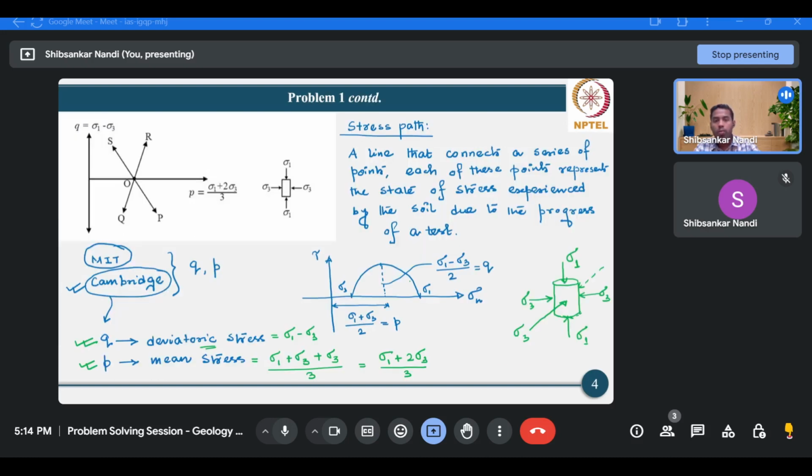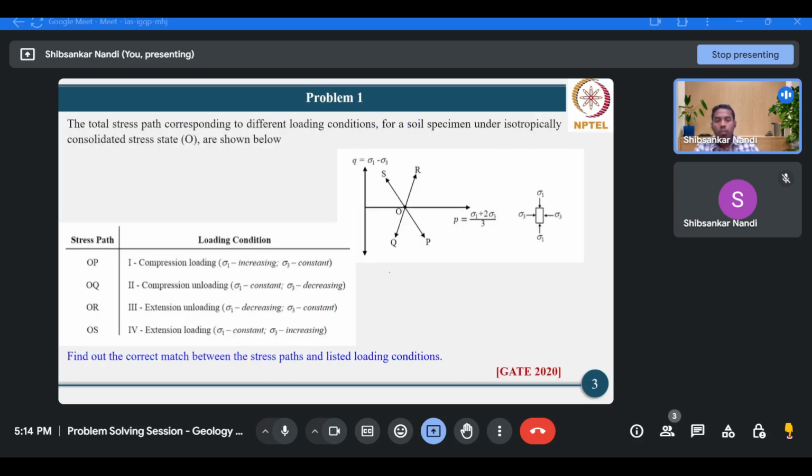Now what is isotropic consolidation? Isotropic consolidation means consolidation under the same all-round pressure, so your sigma 1, sigma 2 and sigma 3 are all equal. Your P would simply be sigma 3, and your Q will be 0.